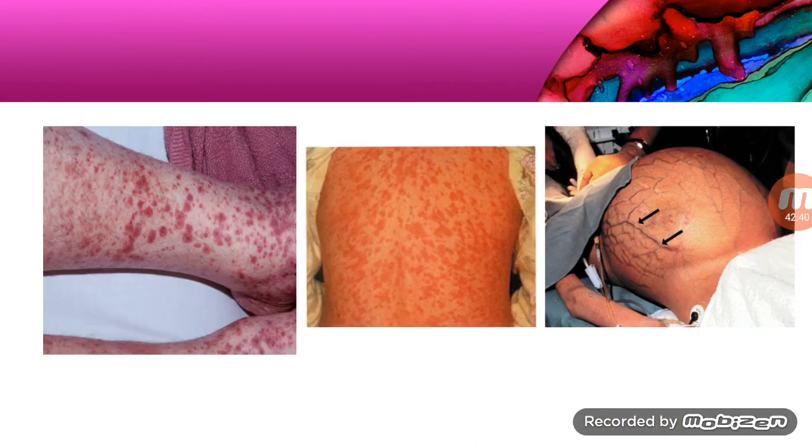See the third picture: you can see the enlargement and distension of the veins, these are the epigastric veins. Okay, this is also a later sign of liver cirrhosis. In case of severe liver cirrhosis you can see this.